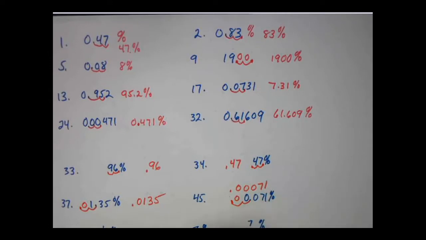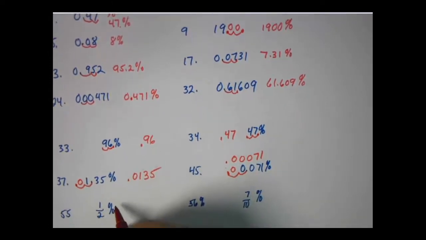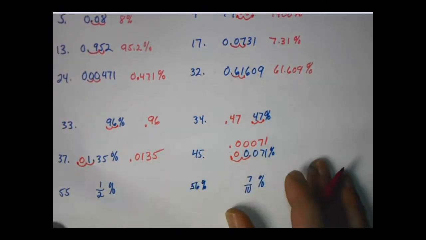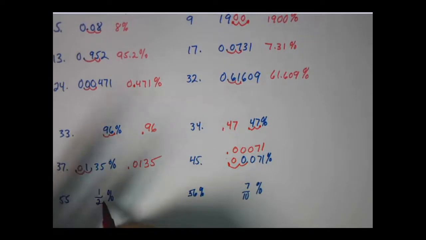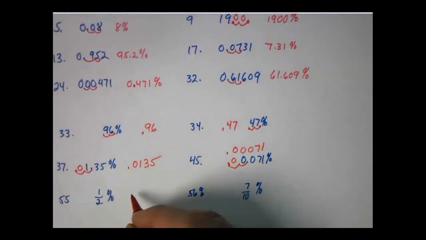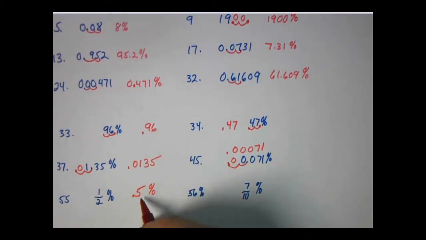Well, what if we have a fraction percent? This requires 2 steps. All right. First thing we have to do is change it to a decimal. So we have 2 steps, remember, 2 steps. First one, we're going to change it. So 1/2, so top divided by the bottom, is going to give us 0.5, but it's still a percent. So all we did was change the fraction to a decimal, but we haven't moved it yet.